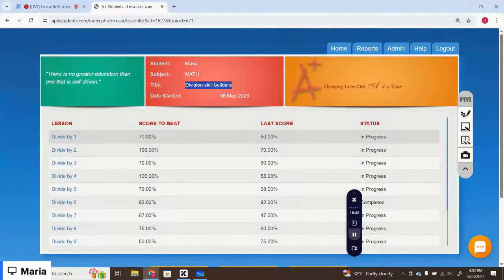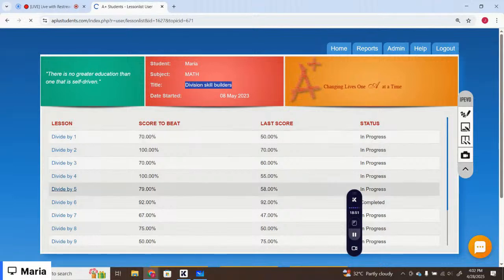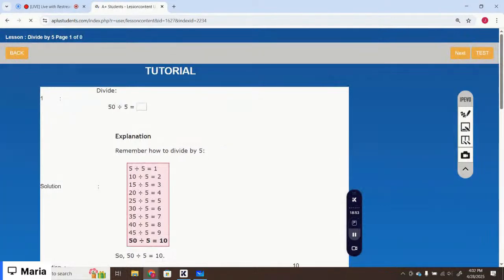The chapter on right now is division skill builders. Let's just start with the lesson that is divide by 5. 50 divided by 5. So basically division and multiplication are related.